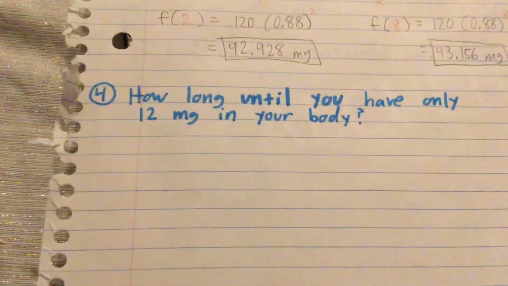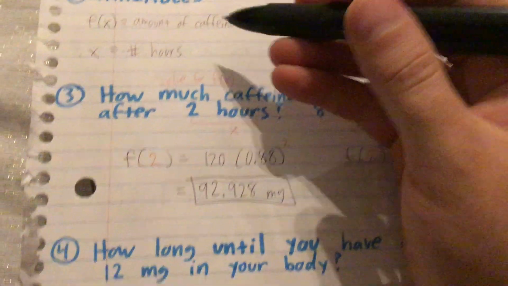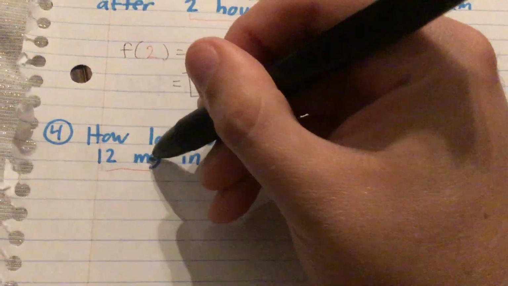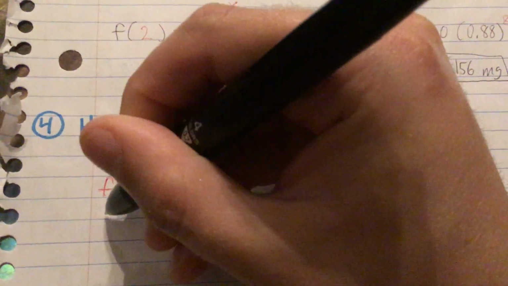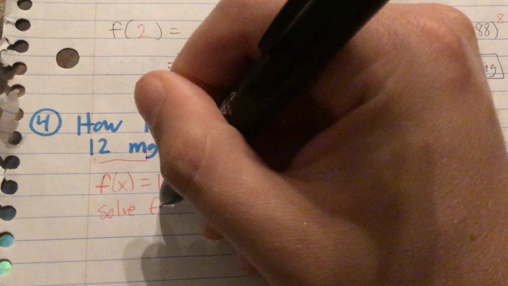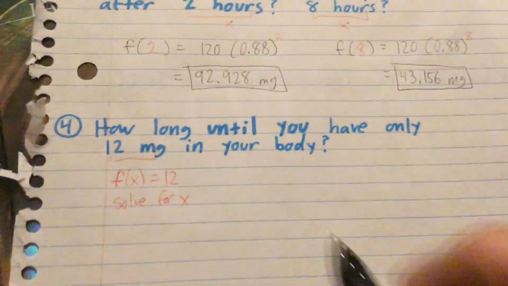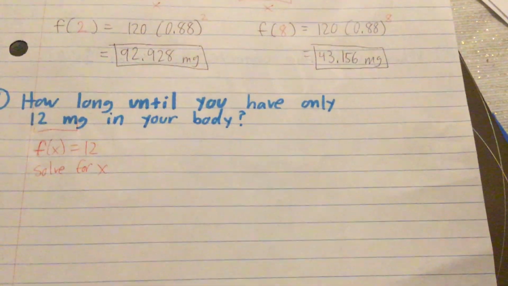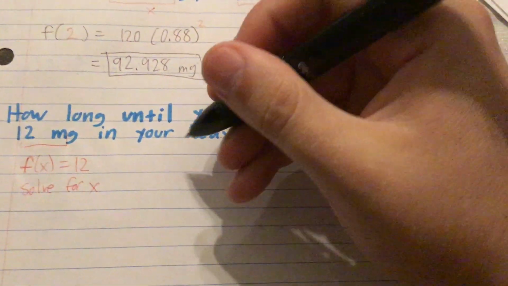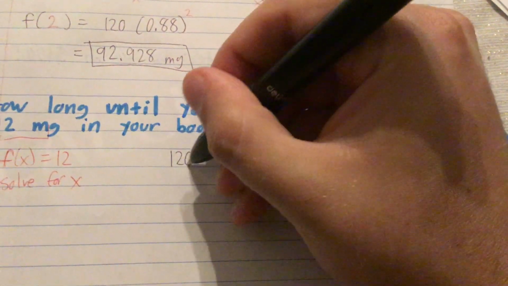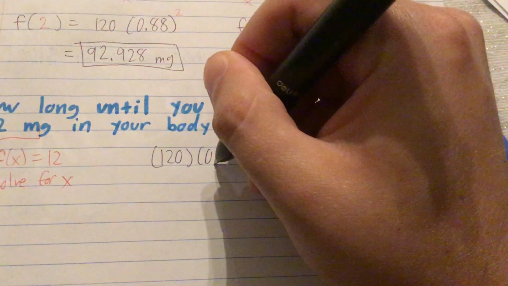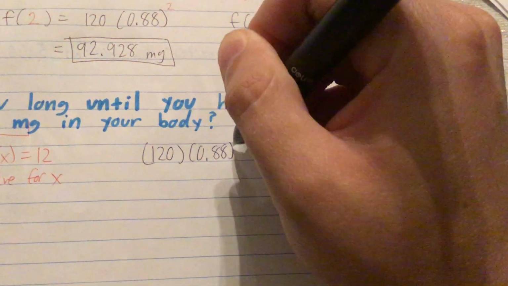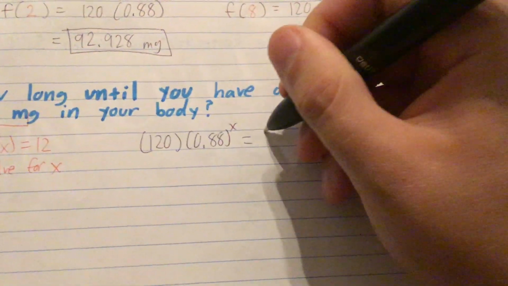So anyway, 12 milligrams, that tells me the amount of caffeine. So that tells me f of x is equal to 12, solve for x. How long? Exactly, I don't know the number of hours. So I'm going to set the equation itself, 120 times 0.88 to the x power is equal to 12.